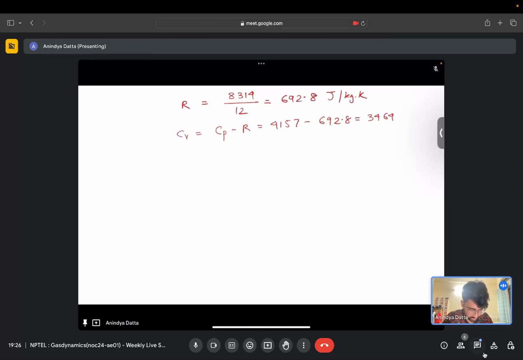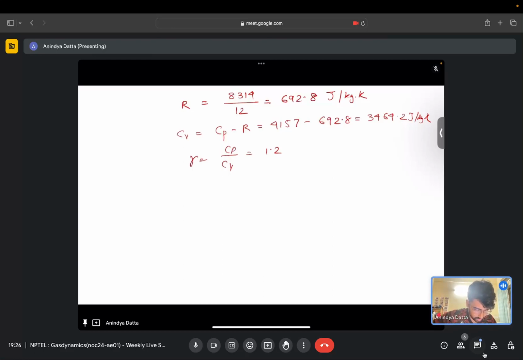Just a second, let me compute this. 4157 minus 692.8 is 642.2 joule per kg Kelvin, wait, 3464.2, and gamma is Cp by Cv, so we will come out with 1.2. Okay, so now we know gamma.